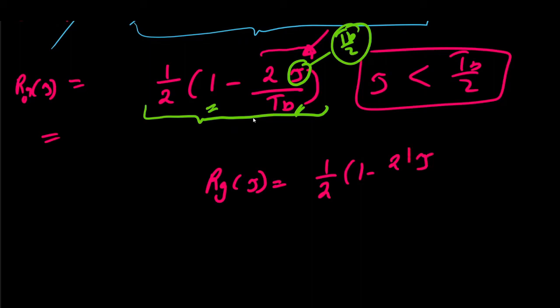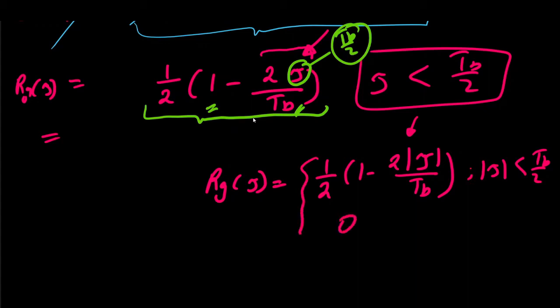But since we make use of the even function property for real signals, we include the absolute value of tau herein, under the condition that the absolute value of tau is less than TB by 2, and it is 0 otherwise. So this is our time autocorrelation function.